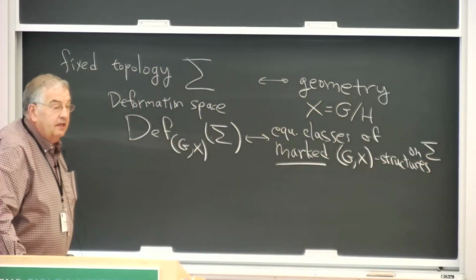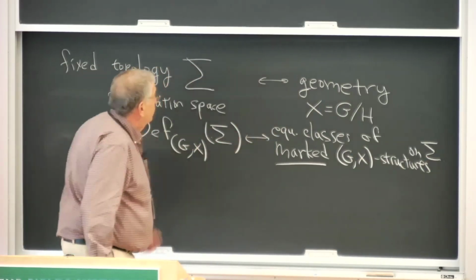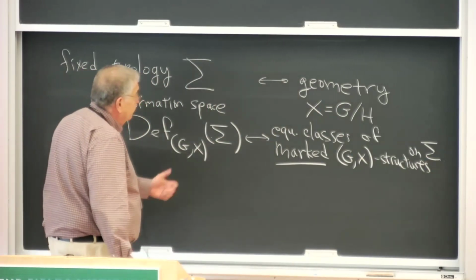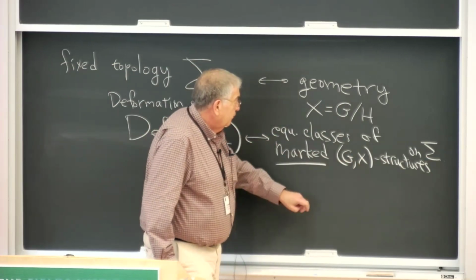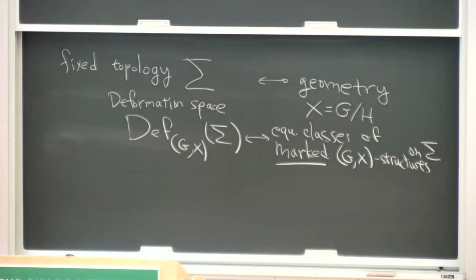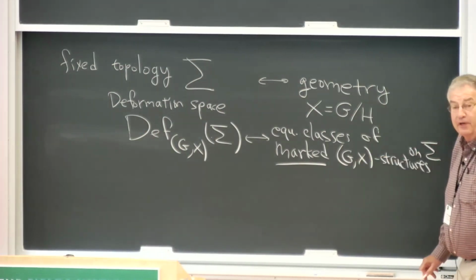I don't want to say too much about it since I want to get to the dynamical system. But for example, I mentioned Euclidean geometry where X is Euclidean space and G is its group of isometries. X could be the same space, affine space, and G could be its group of affine transformations.